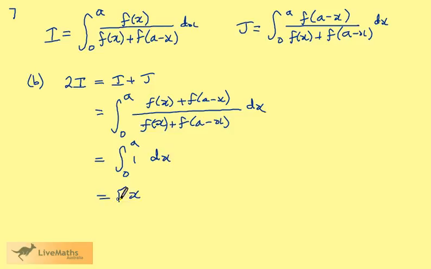So that's x to be evaluated from 0 to a, which is just a. So 2I equals a. I is a half a.